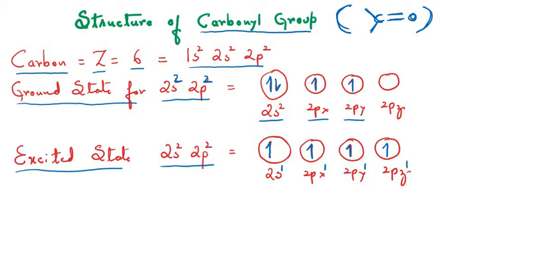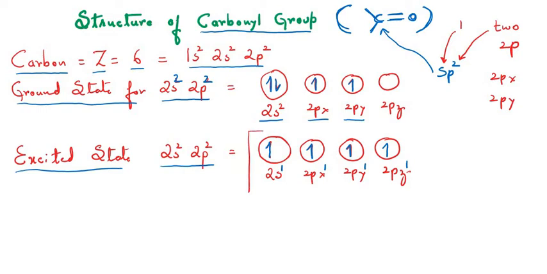But if you see the hybridization of this carbon atom, the carbonyl carbon, it is sp2 hybridized. So during hybridization, this carbon involves one s orbital and two 2p orbitals, one being 2px and the other 2py.